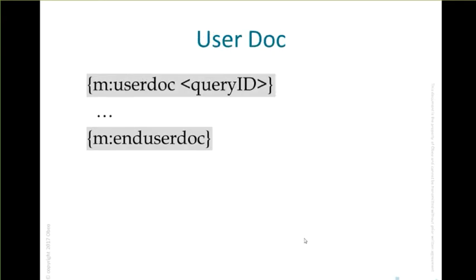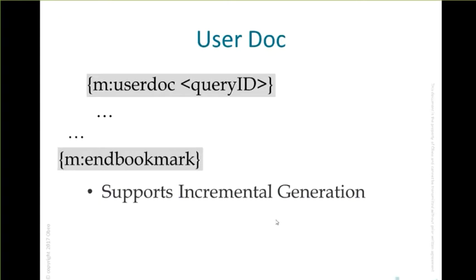Now, it's possible to declare a portion of the document as being user documentation. This is how incremental generation is achieved in M2Doc. This allows user to declare some portion of the document as being a placeholder where users can, once the document is generated, enter text in these areas, and this text will not be overwritten by M2Doc when the document is regenerated.